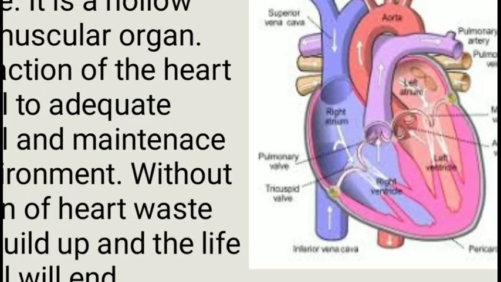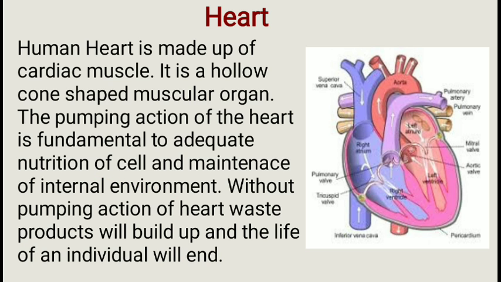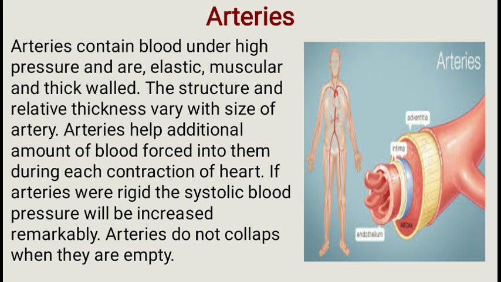After purification, it is again brought to the left side of the heart, and that is considered pulmonary circulation. So I hope this is clear, what systemic circulation and what pulmonary circulation mean. Clear?